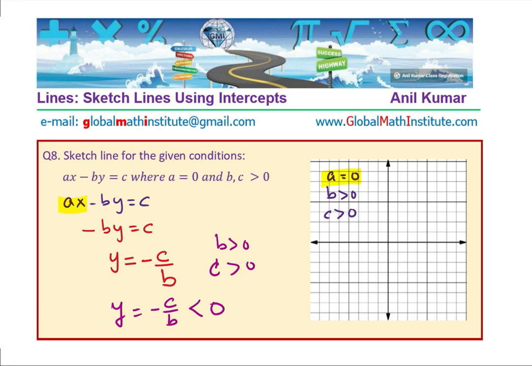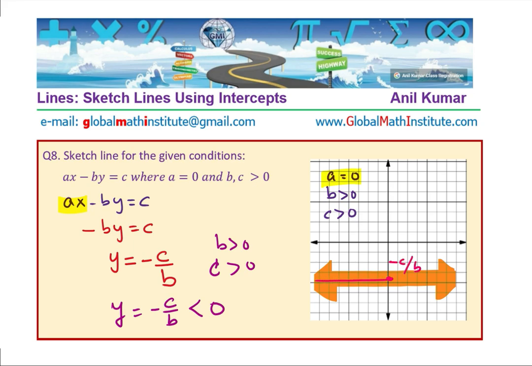Makes sense? Now, y equals to minus c by b, how will this line look like? Well, clearly, this is going to be a horizontal line, like somewhere here. Do you see that? That is the kind of line which you are going to get, and definitely the y-intercept is where we are looking into, which will be minus c by b. Makes sense?